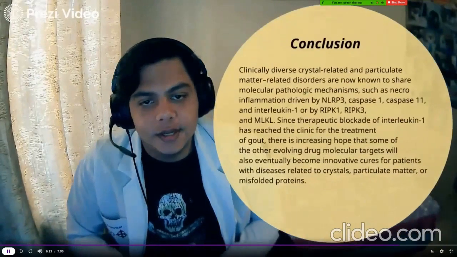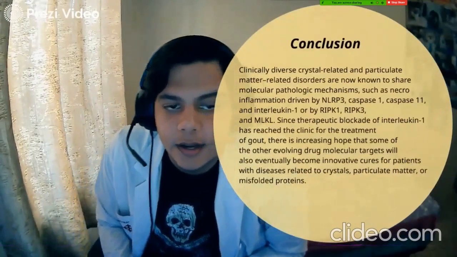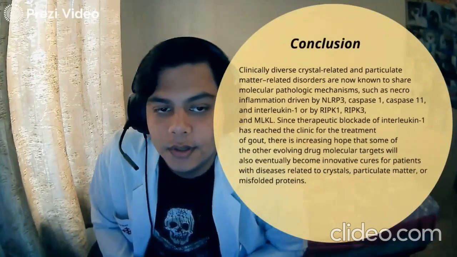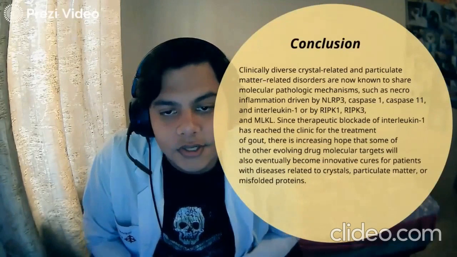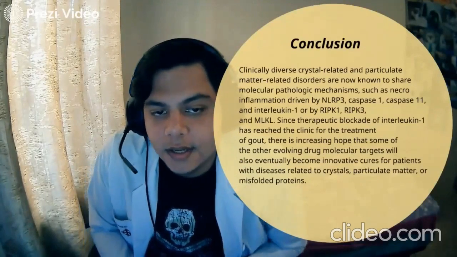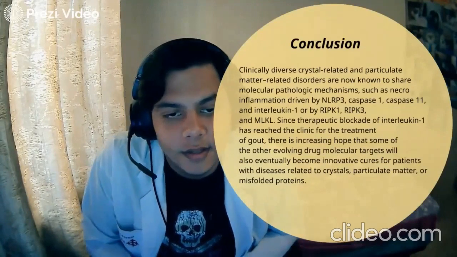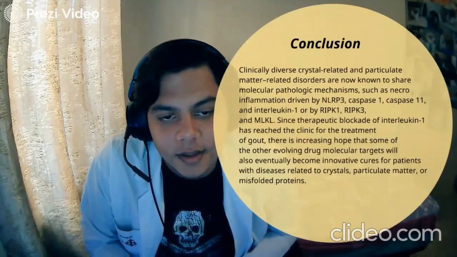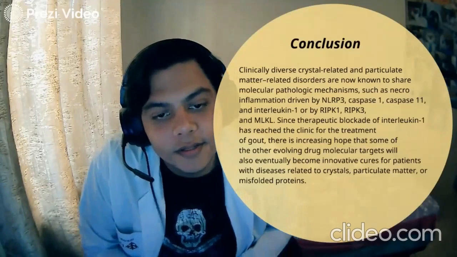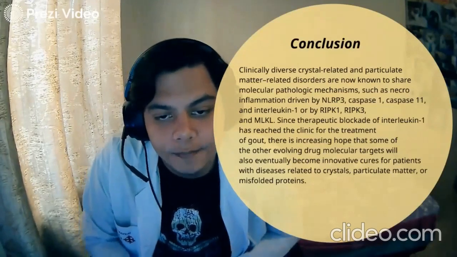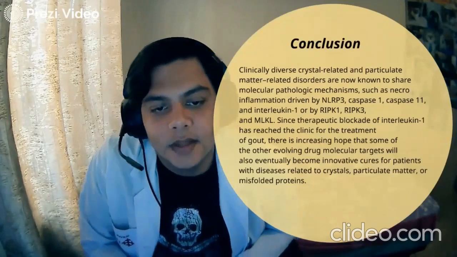In conclusion: clinically diverse crystal-related and particulate matter-related disorders are known now to share molecular pathogenic mechanisms such as necroinflammation driven by the NLRP3, caspase-1, caspase-11, interleukin-1, or by RIPK1 and RIPK3, and MLKL.